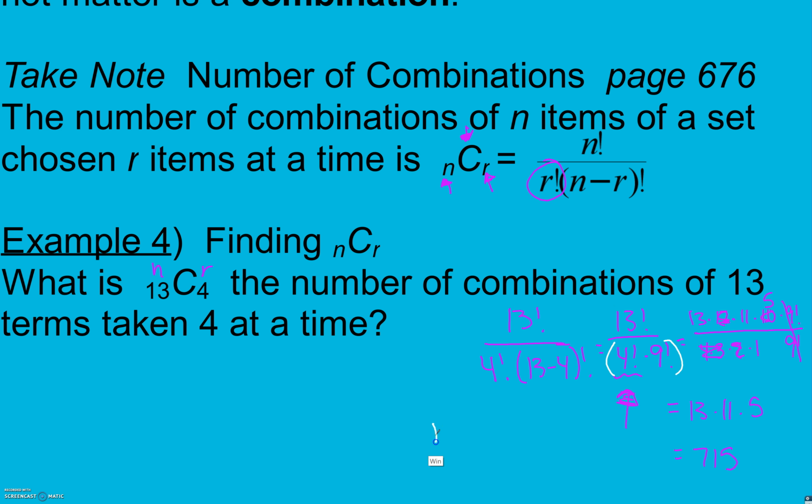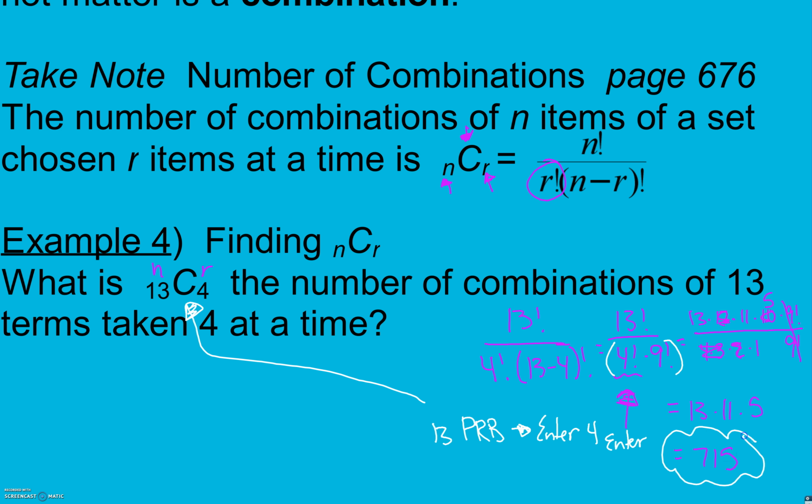We can also do 13 PRB over 1, enter, 4, enter in our calculator, and type it in as this. So 13 PRB over 1 to the NCR key, enter, type in 4, enter, and I got 715 as well. So a few different ways to check your answer there again.